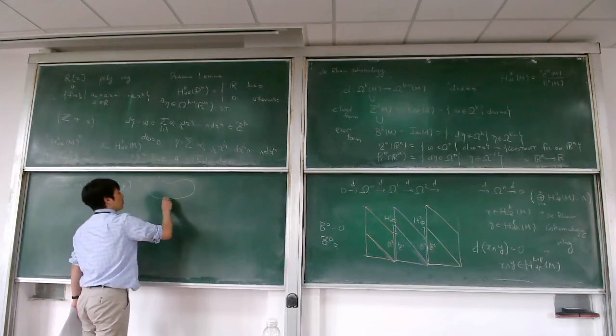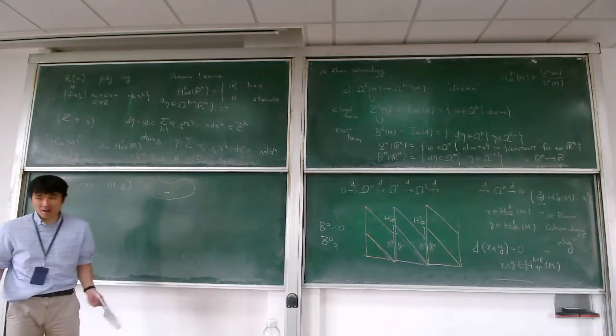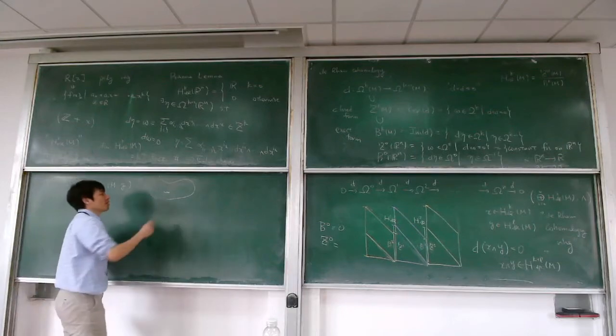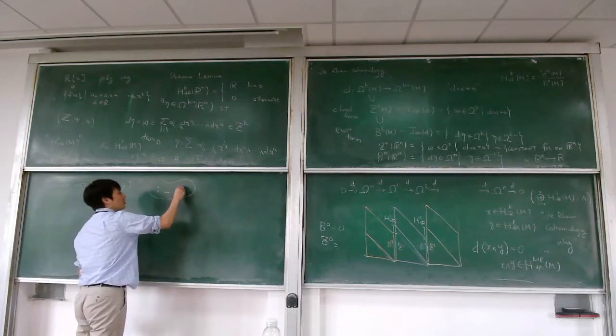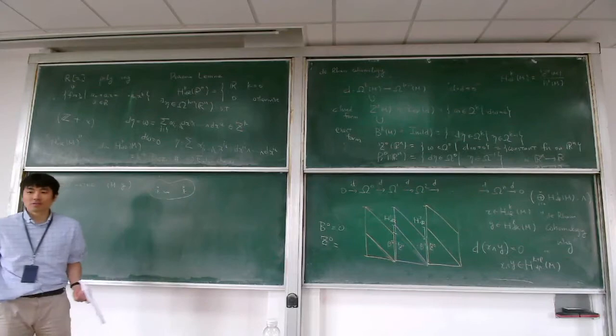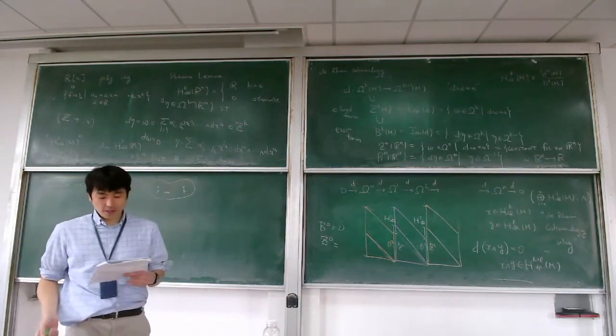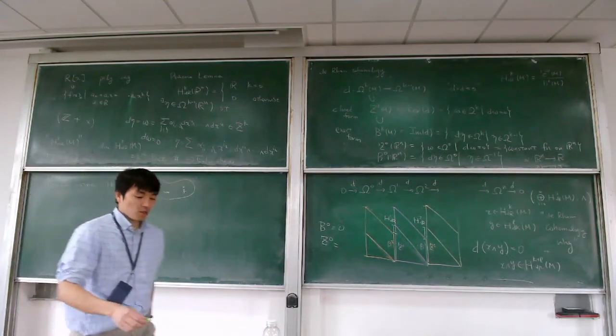So given a manifold, we now only have vector fields, differential forms and so on. But given points P and Q, what is the notion of distance?